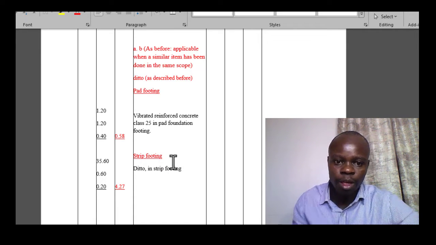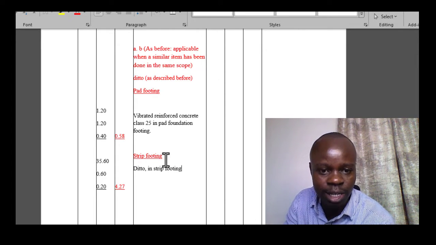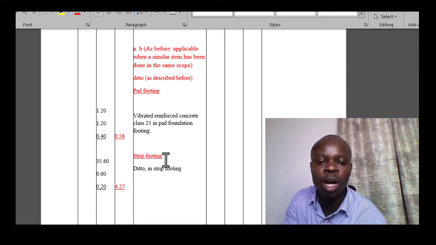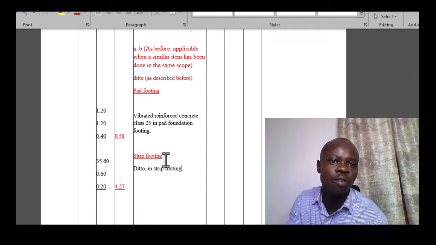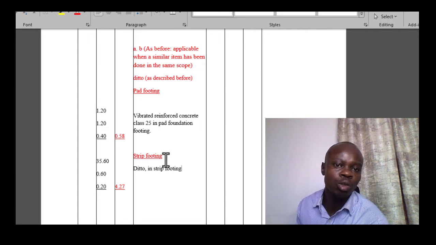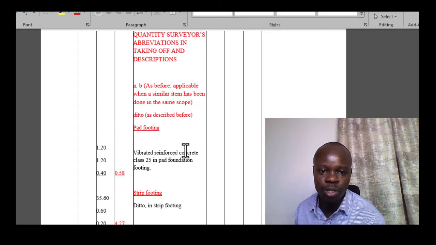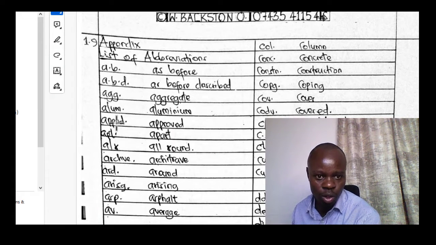Okay, so these are terms that ease your work, make your work easier, and they also allow you to cover a bigger part of taking off, instead of wasting time doing every description in those areas where you can apply abbreviations. So let's see the next abbreviation that we can talk about.